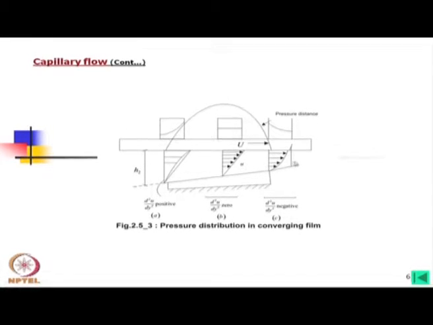That means the fluid velocity is gradually increasing when the plate is moving in these directions. Now, this means that here del square u by del y square is positive.